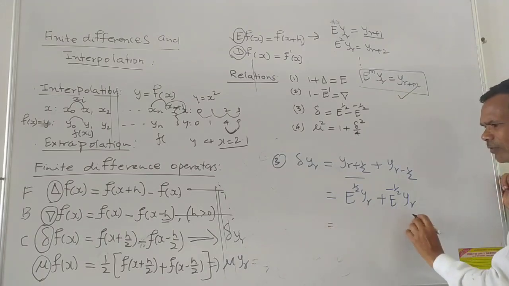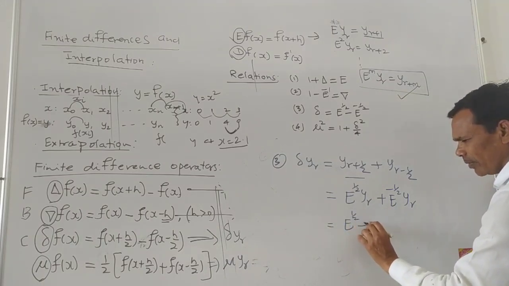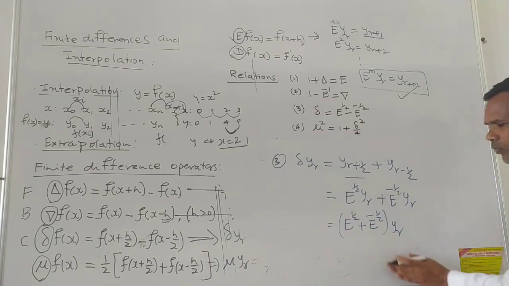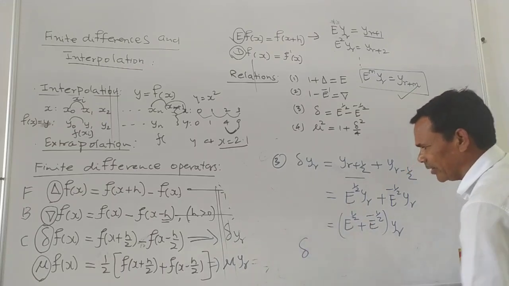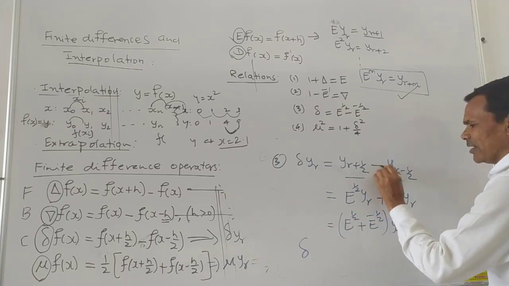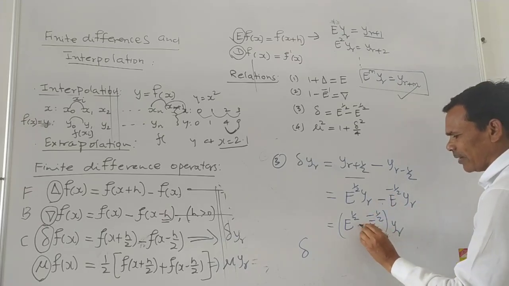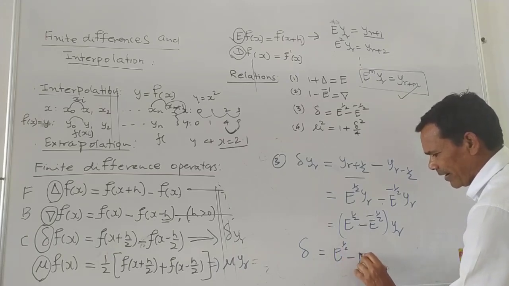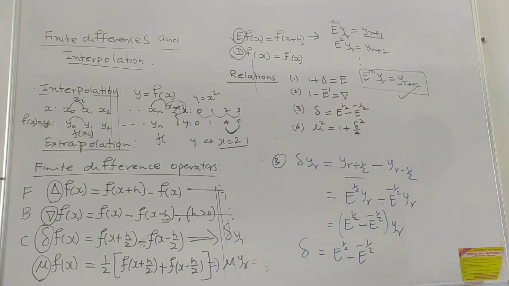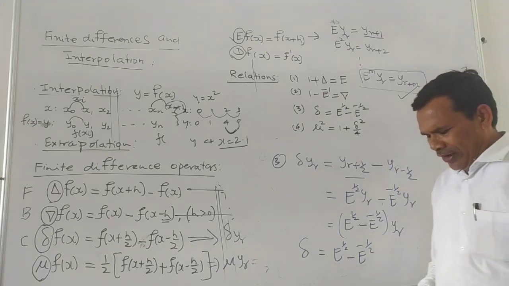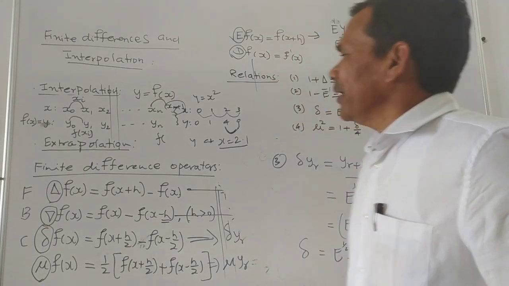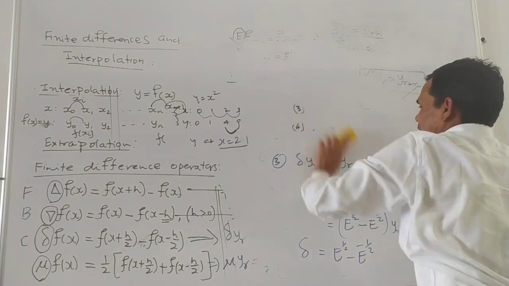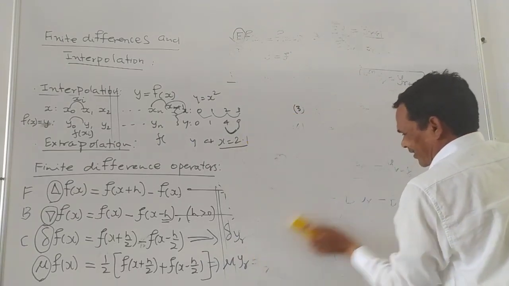So I take y r common: E raised to half minus E raised to minus half, and y r. I can cancel y r on either side, and I am getting delta is equal to E raised to half minus E raised to minus half. So this is the way you can prove each and every relation, and you can see the relations between all these 6 operators.